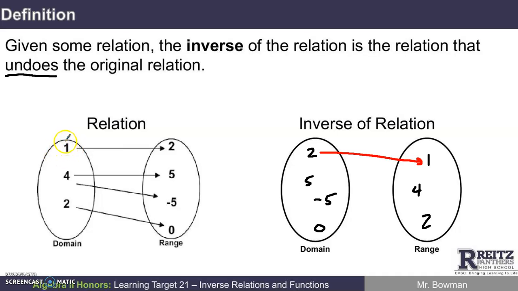This relation maps 1 in the domain to 2 in the range, so the inverse needs to map 2 in the domain to 1 in the range. I see the ordered pair 4, 5, so I need 5, 4. I see the ordered pair 4, -5, so I need the ordered pair -5, 4. And since 2, 0 is in the relation, 0, 2 needs to be in the inverse.